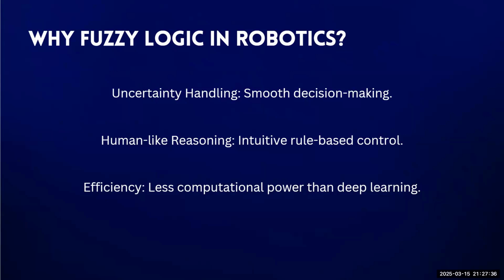And you also know that robots are usually in dynamic environments. So when we use fuzzy logic, we can make the robots adjust smoothly to the environment, and as I said earlier, rather than making sudden moves, we can make it gradually adjust.